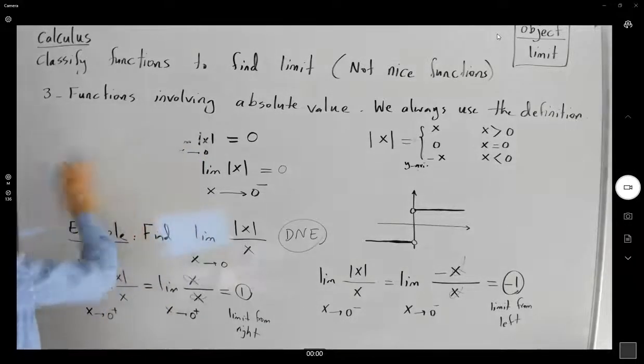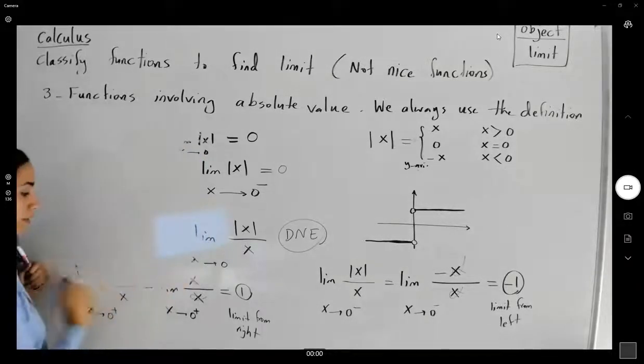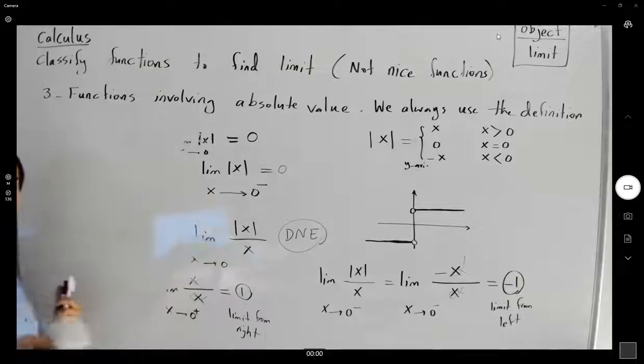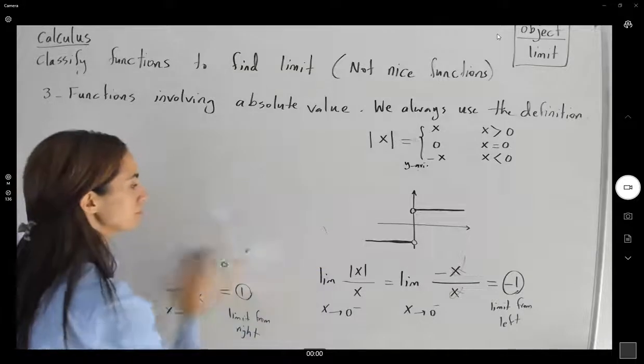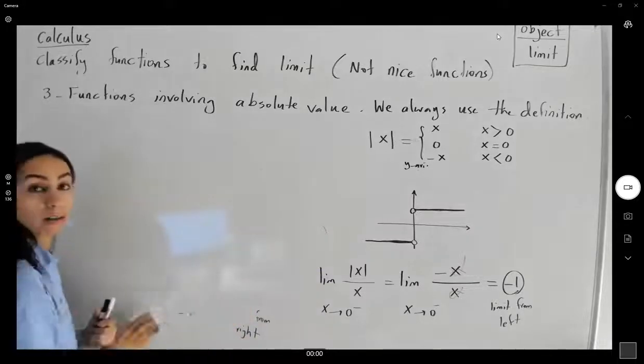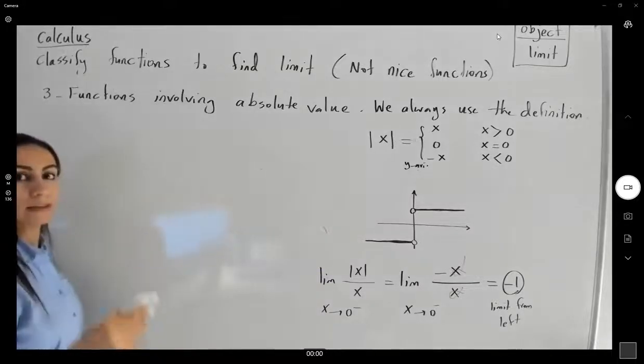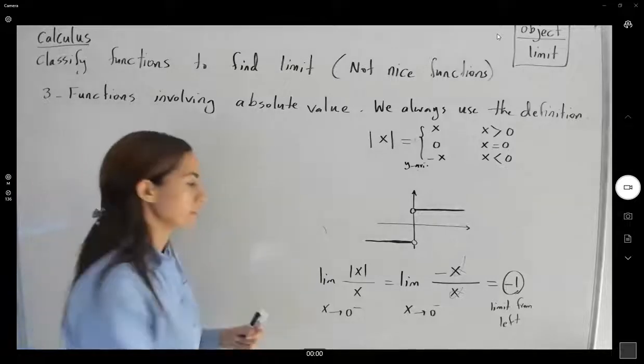Let's talk about when we plug in a number, we don't get 0 over 0, infinity over infinity. But we get some other values like infinity or negative infinity.